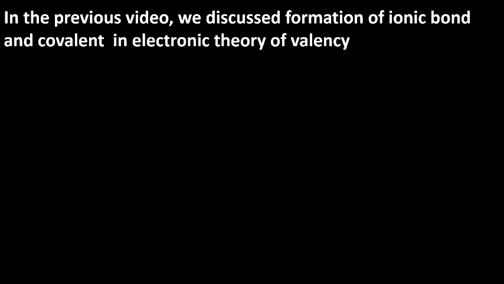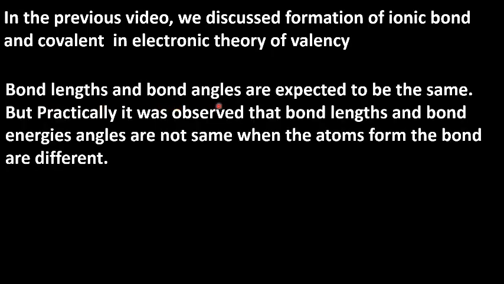In the previous video, we discussed the formation of ionic bond and covalent bond in electronic theory of valency. The bond lengths and bond angles are expected to be the same, since the atoms that are undergoing bond formation have the same strengths.